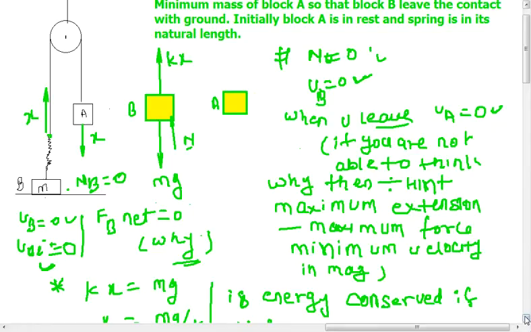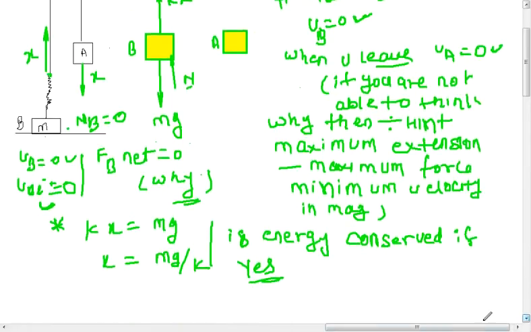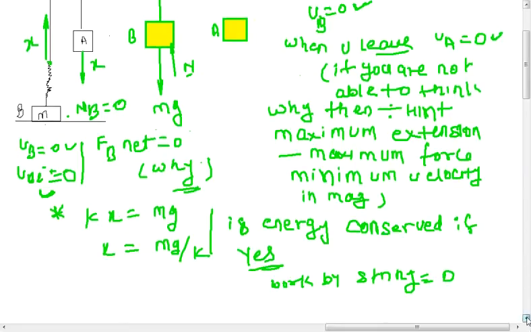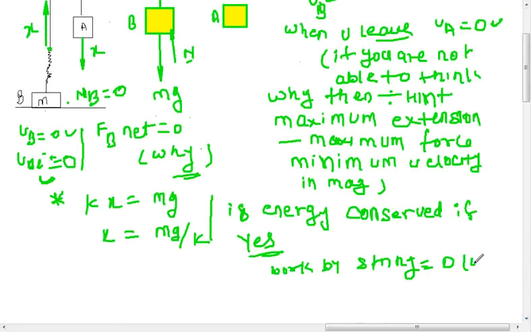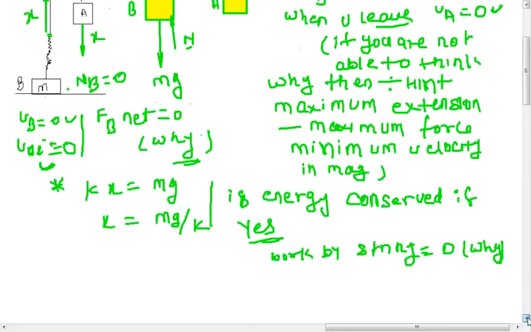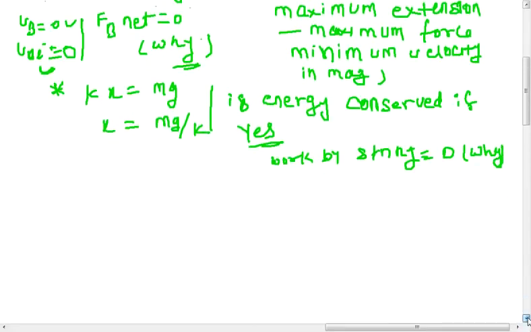Work done by string is 0. Okay guys, so you should think about this thing. Why? Find this answer: why the work done by string is going to be 0.